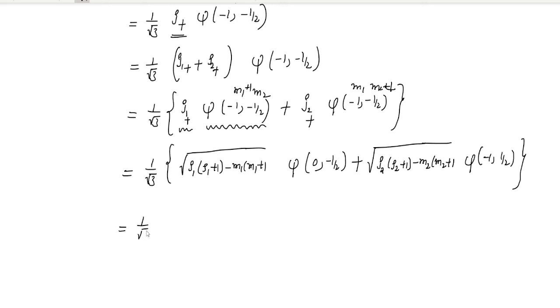1 divided by root 3 into the root of 1 into j1 is equal to 1, j2 is equal to 1 divided by 2. Try to put these values.